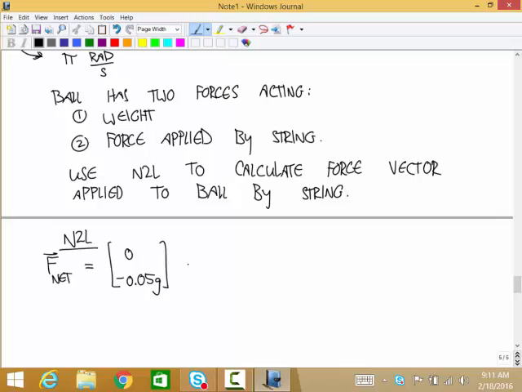Okay? So this is the weight force. Plus the force vector applied by the string. And that's equal to the mass times the acceleration that we figured out before. What was that? The acceleration was negative 0.1 pi squared, I think.